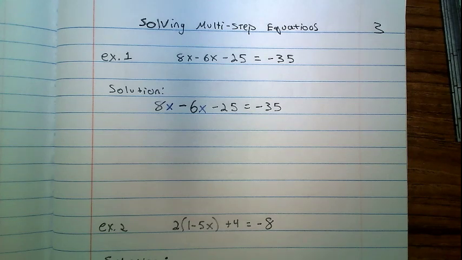So what can I do first? Now, if you remember back to 7th grade and part of 6th grade, there was this thing called combining like terms. Like terms, just as a recall, are terms that have the same variable with the same exponent. Now in this class, we don't really worry about the exponent.